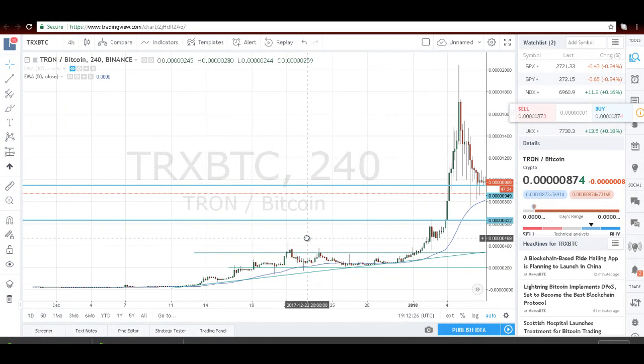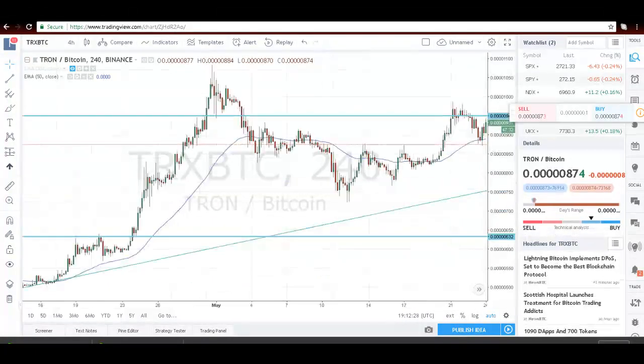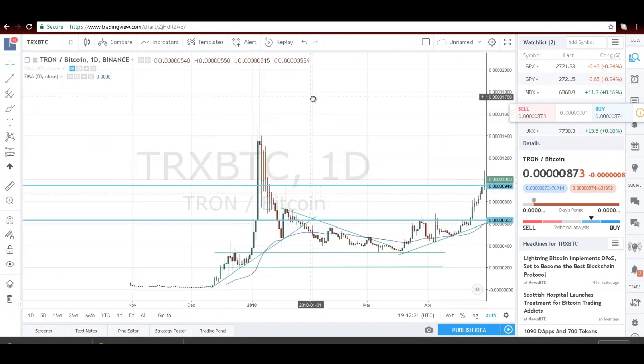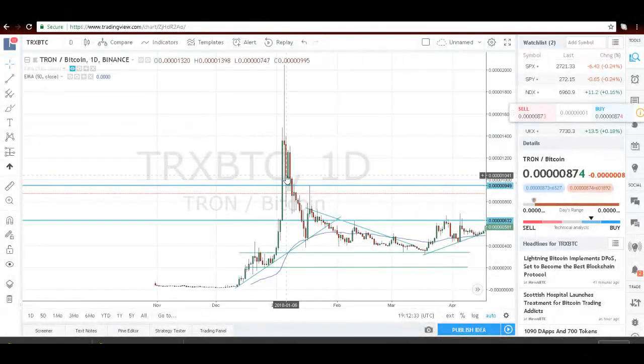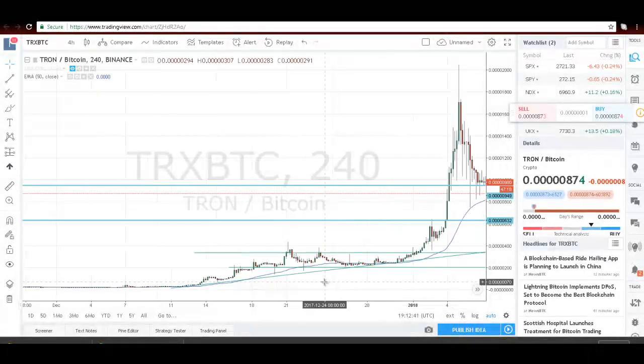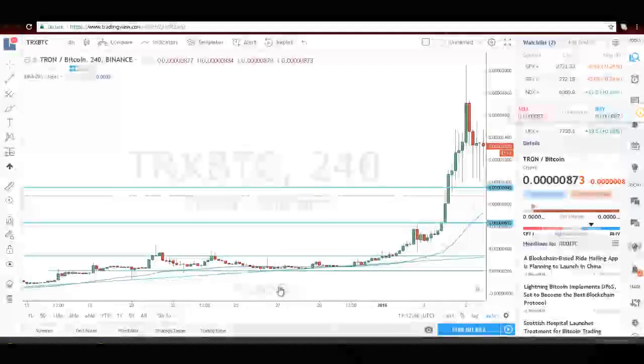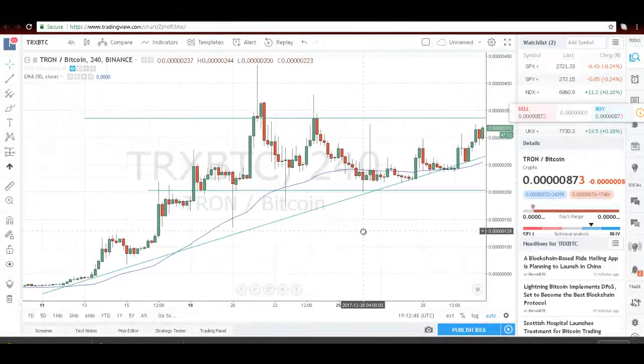And if you notice this area, let me see if I can go back to the daily chart. Okay, so this area right here is this right here. So if you notice, let me zoom in a little bit. Guess what?